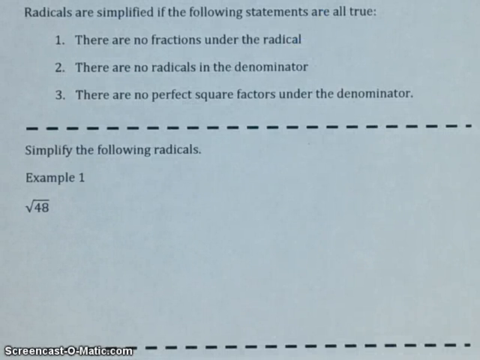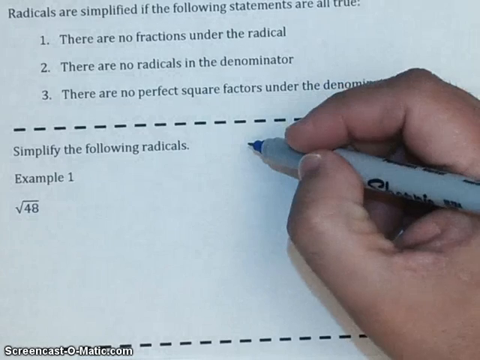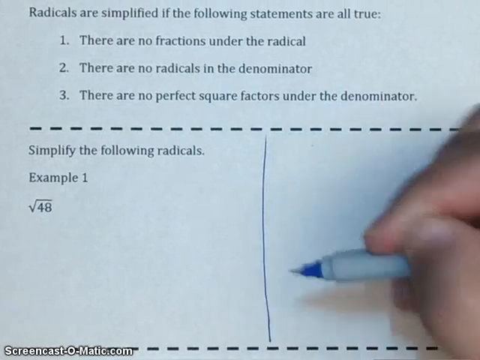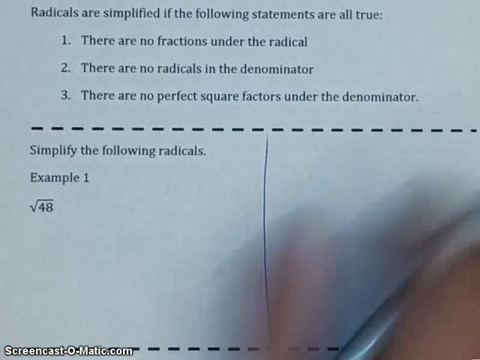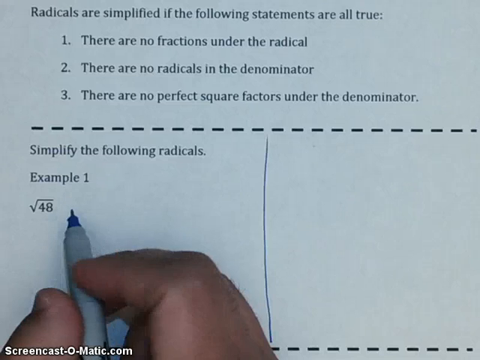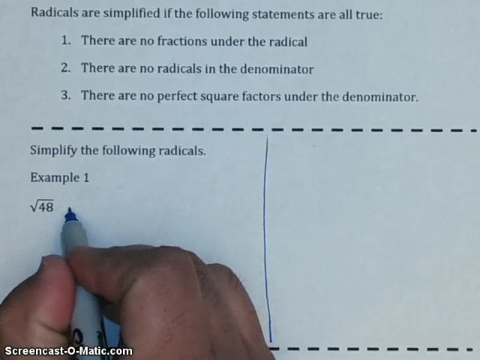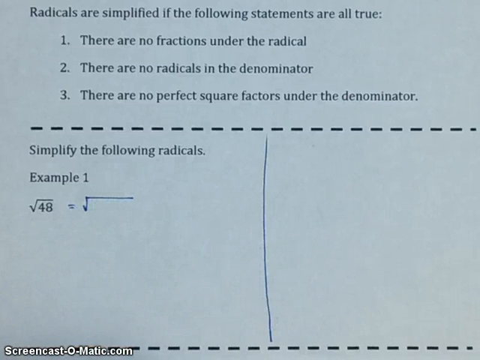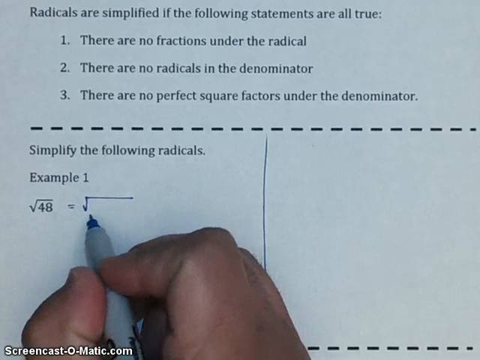This first example I'm going to do two ways. One, the easier way that I prefer, and then one that is a little more involved, with more steps. For this one, you want to look for perfect squares. I'm going to break this down into two factors where one of them is a perfect square.